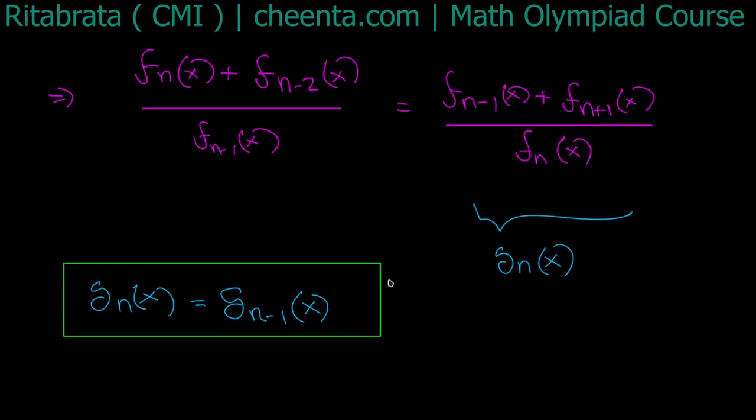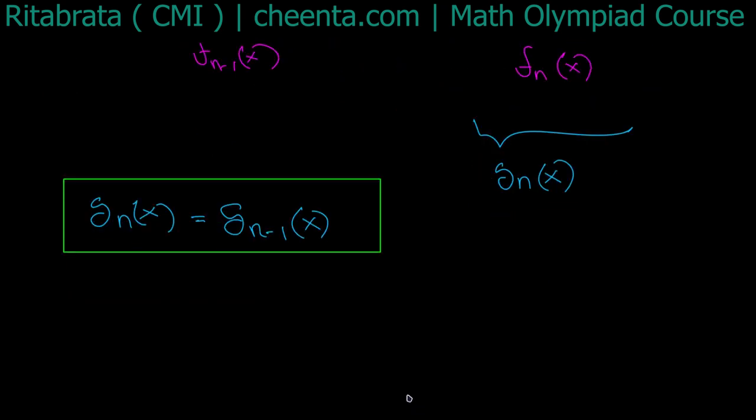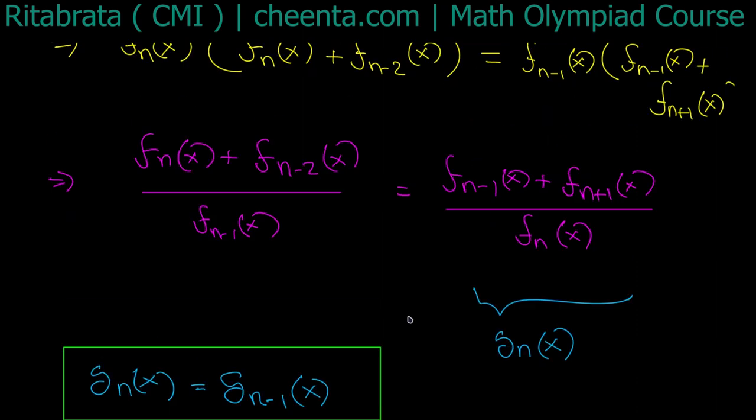So I can iterate over again to get g_n. We can easily find what g_n is, because g_n is constant over n, like a constant polynomial. If I just vary n, it doesn't matter. So g_n(x) equals g_{n-1}, then I equate it again to get g_{n-2}, g_{n-3}, and so on.